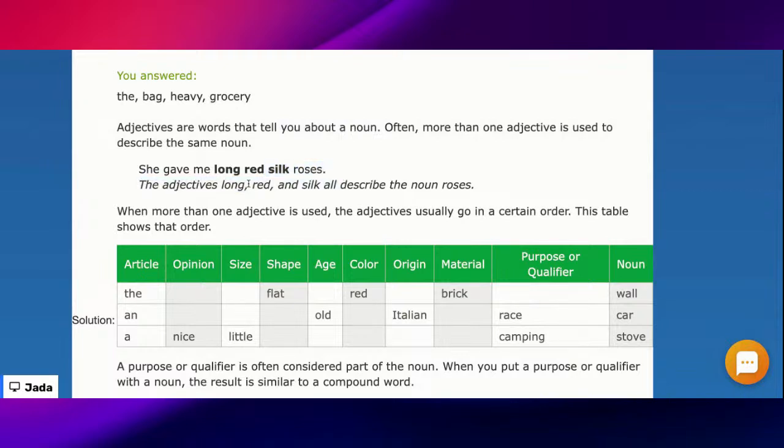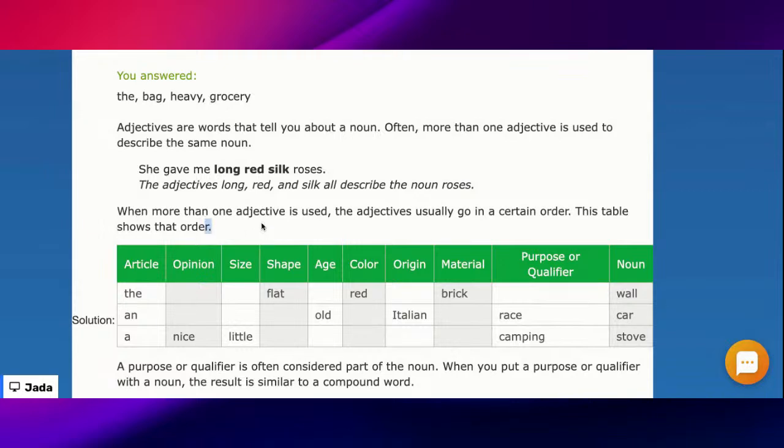Now, the adjectives long, red, and silk all describe the noun roses. Most times, in some sentences, we could have more than one adjective describing just one thing.